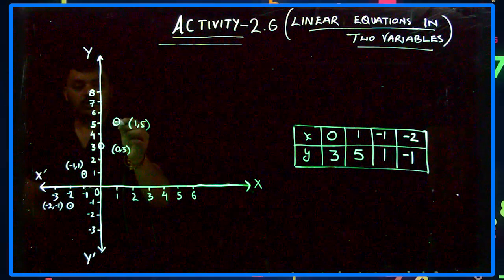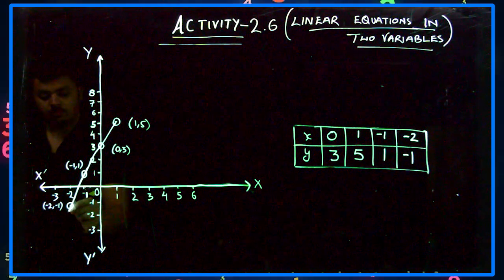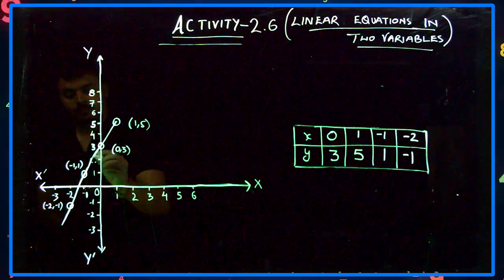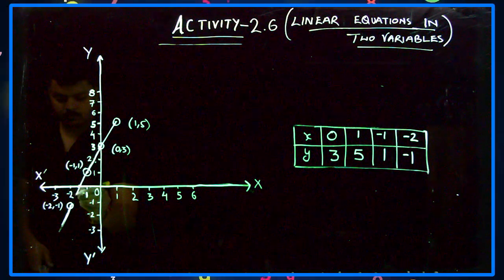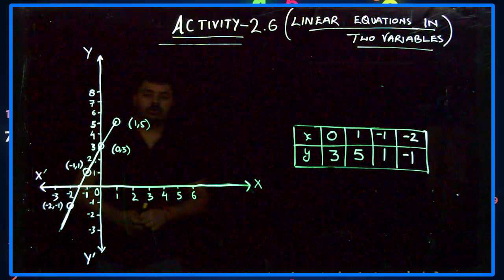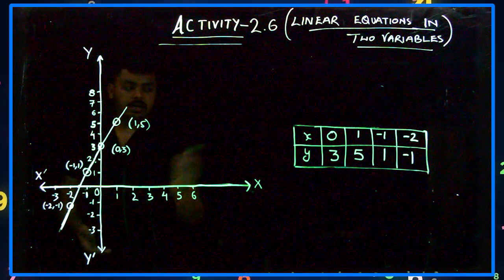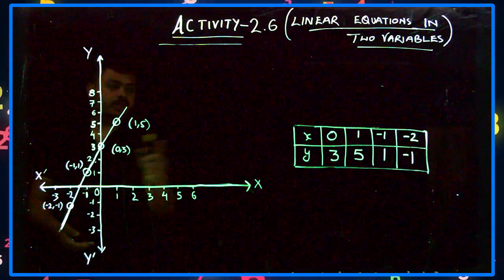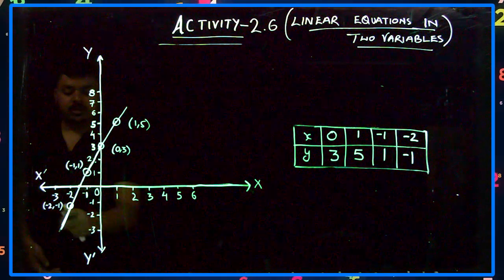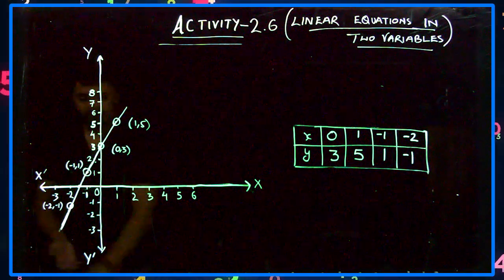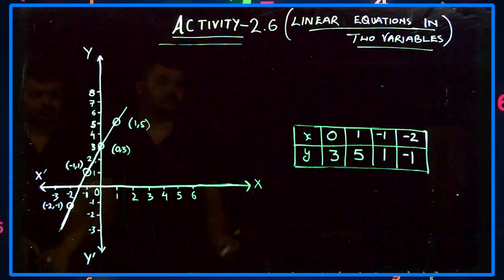Now join these points. So you can see when we join these points we get a straight line. We have plotted all the 4 points, that is 0, 3, 1, 5, minus 1, 1 and minus 2, minus 1. So you can see by joining all the points we get a straight line.